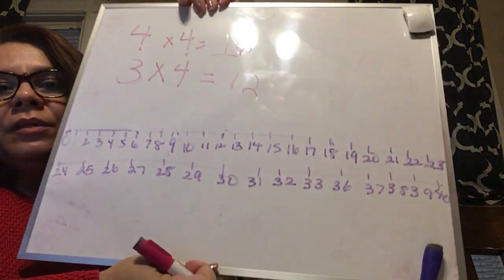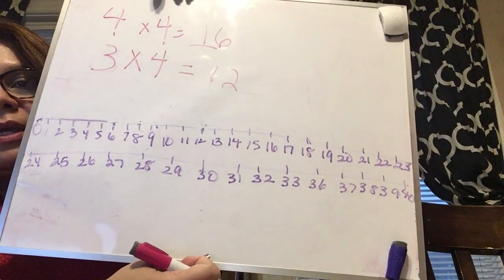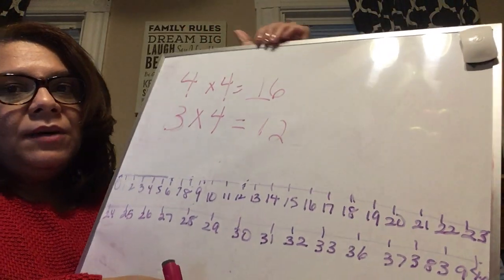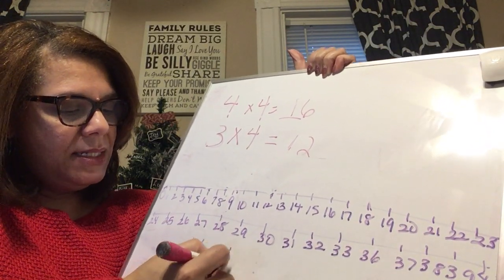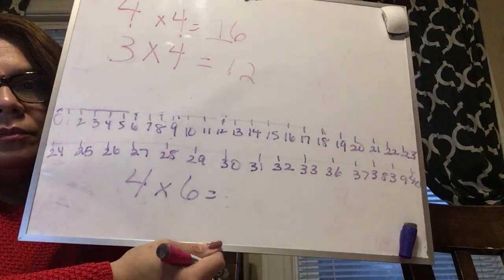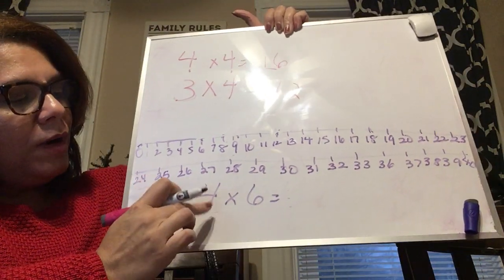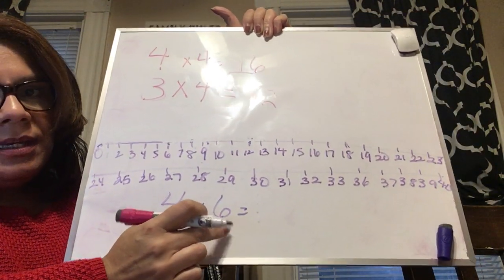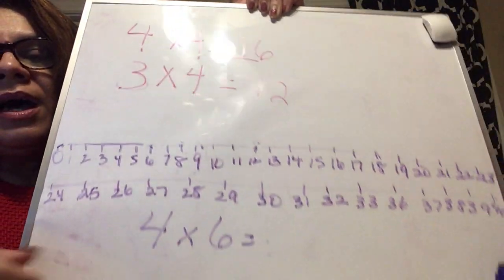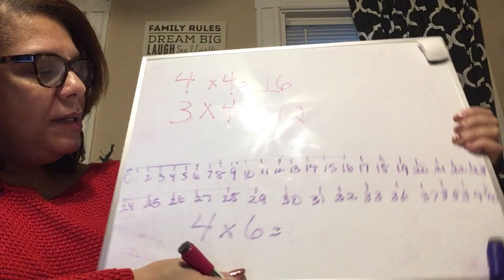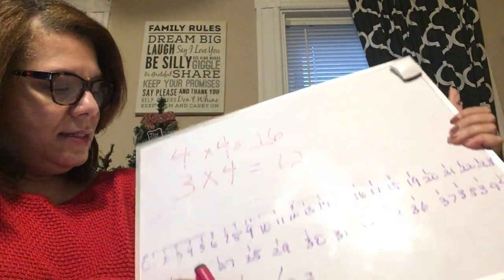Almost there. Oh boy. So we have, this is from 0 to 40. And I want to find out 4 times 6. So it means 4 hops of 6. 4 hops of 6. So we're going to make 4 hops, and in between each hop is going to be 6 spaces.